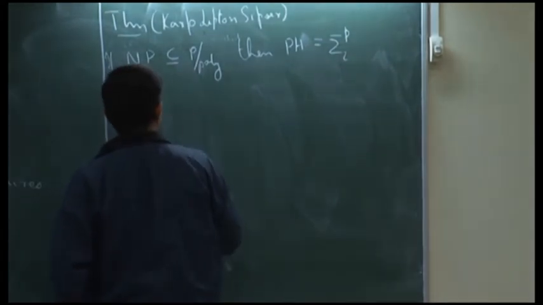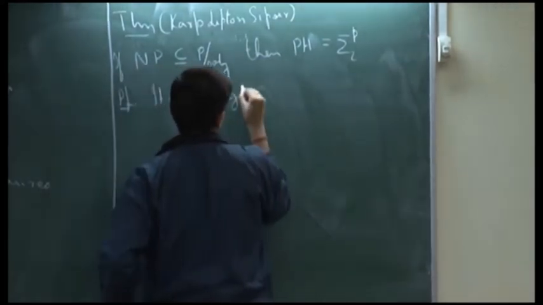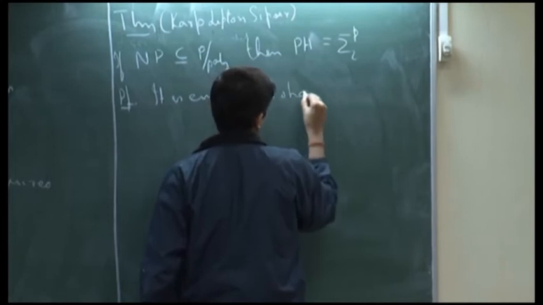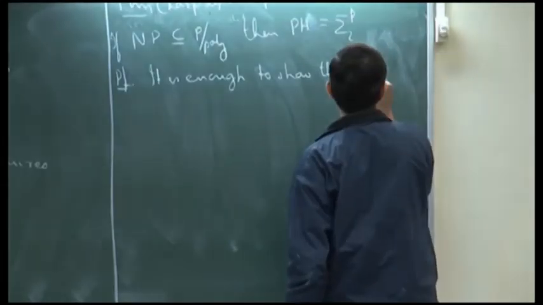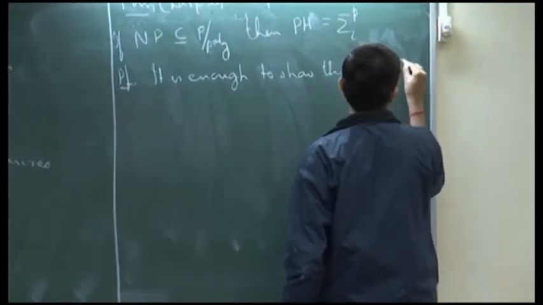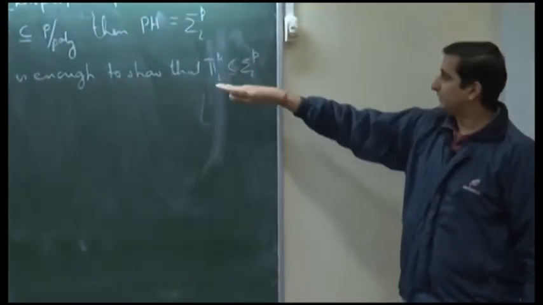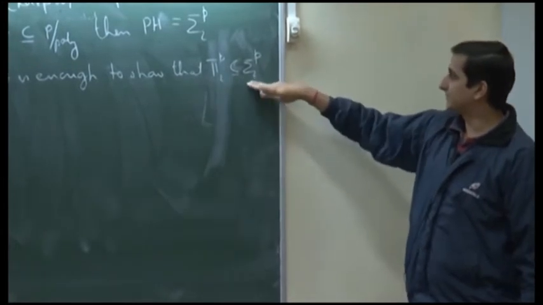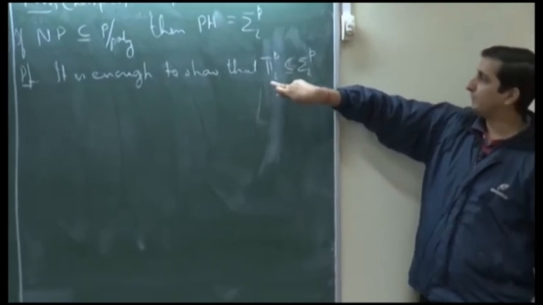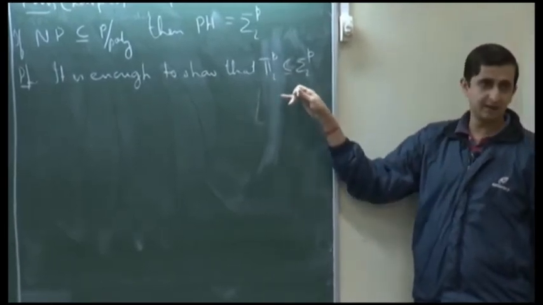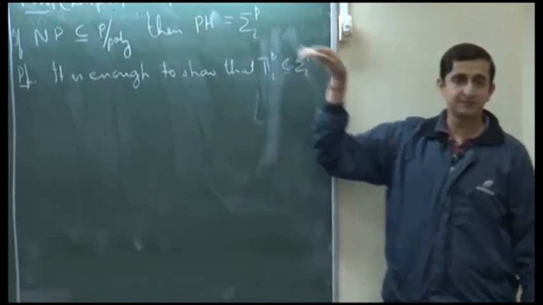What is sufficient to prove in this case is that pi 2p is a subset of sigma 2p, because if pi 2p is a subset of sigma 2p, then, as we have seen earlier, sigma 2p and pi 2p are the same classes, and if they are the same, then it would imply that the hierarchy collapses to that level.